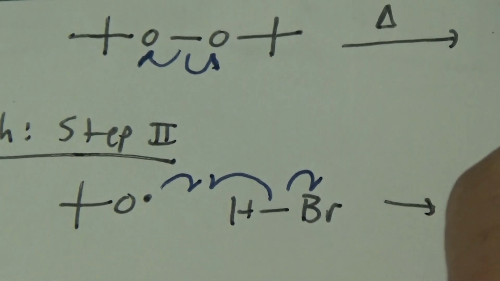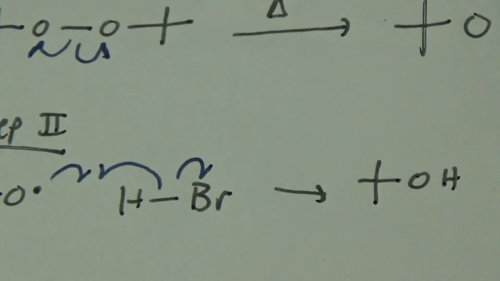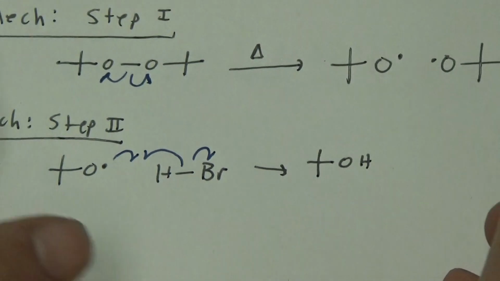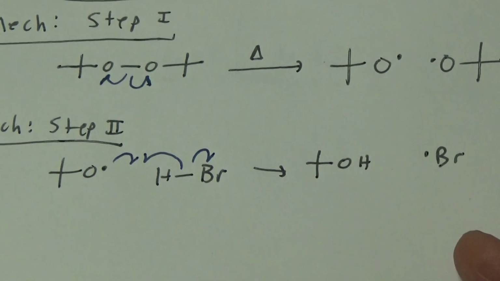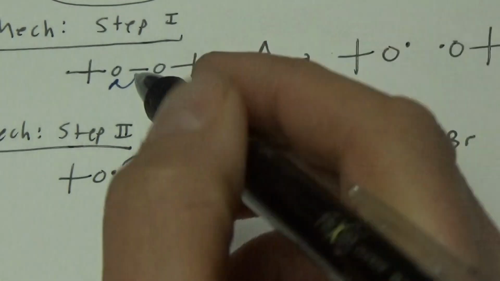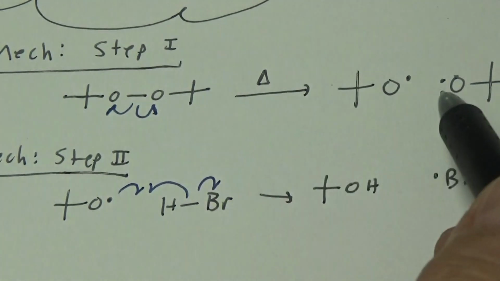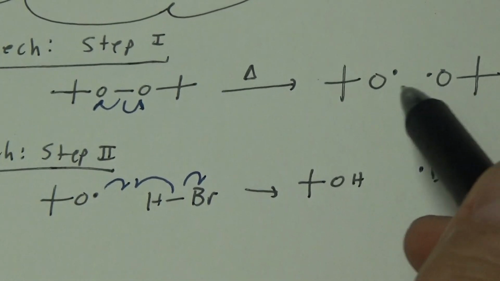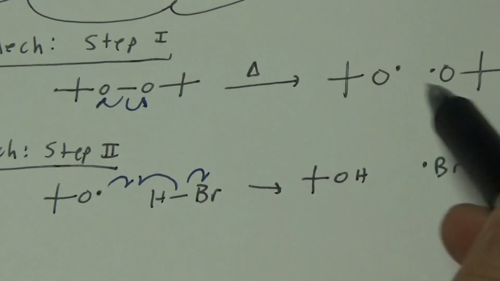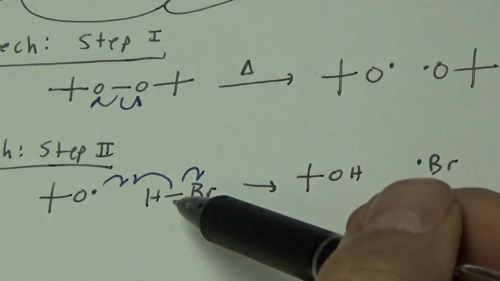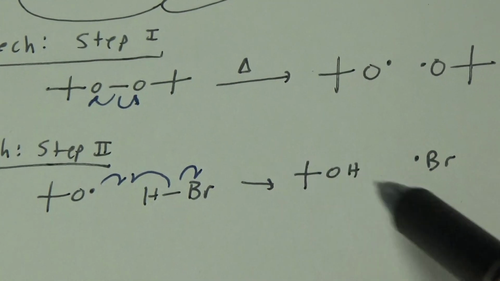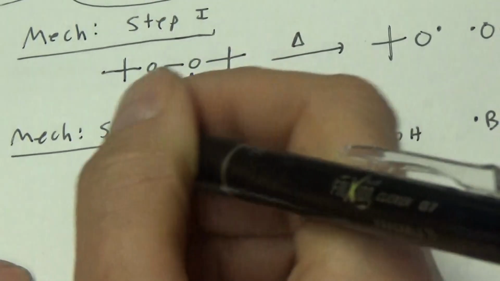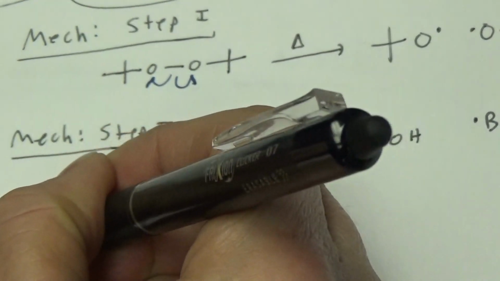An alcohol. And a what radical? A Br radical. Okay? So what this basically did was we broke the peroxide up, made a couple of tert-butoxy radicals. One of them grabbed the HBr hydrogen atom, not really a proton, and made a Br dot. Alright, so what is step 3?